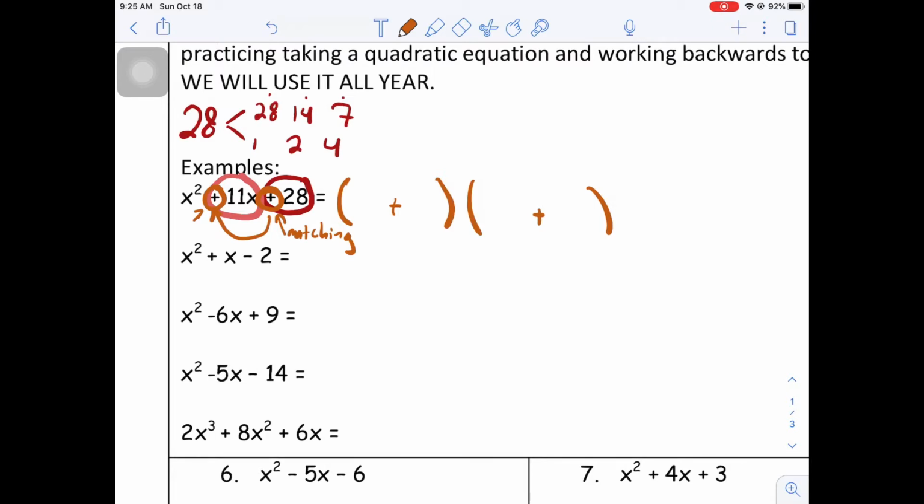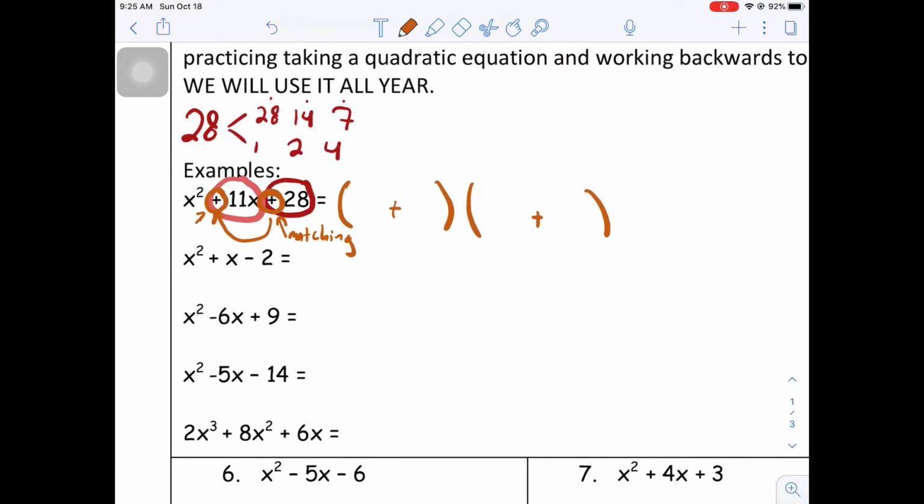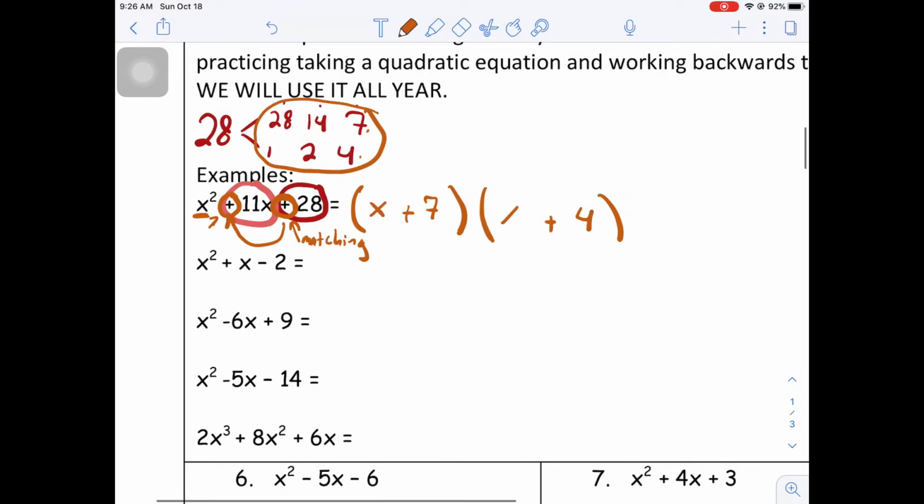Okay? From here, we look at our factors, 7 and 4, 14, 2, 28 and 1. We look at the two factors that are going to add together to get 11. So it looks like 7 plus 4 would give us 11. So then if we fill this in, we get 7, we get 4. And then the very first term in the front here, x, is always just going to be what's in the front. So x times x would give us x squared.